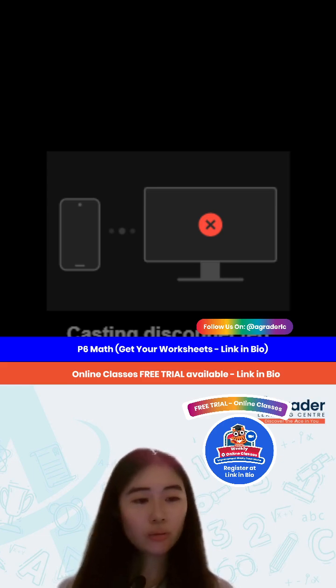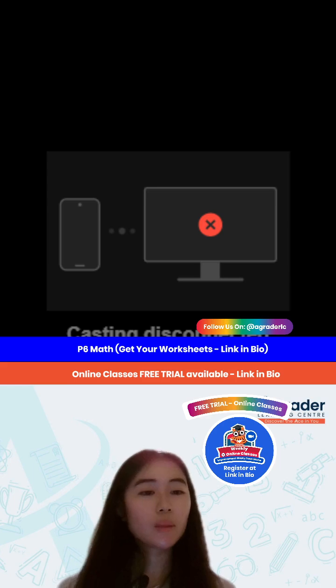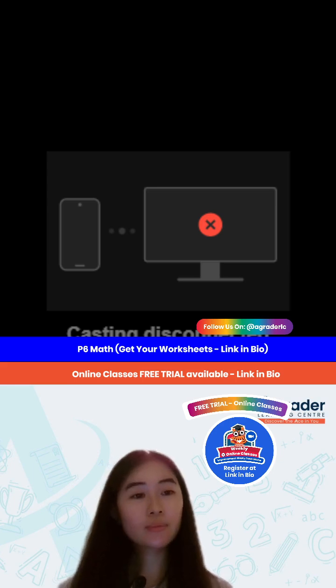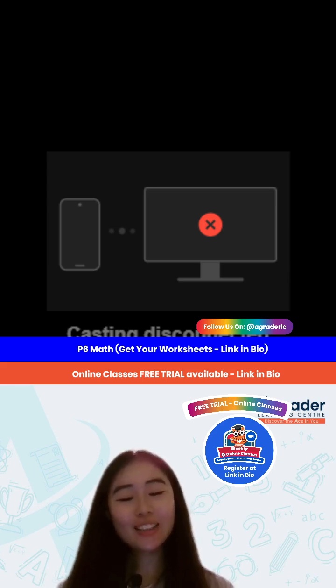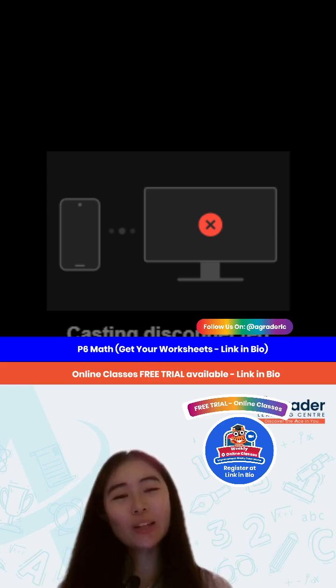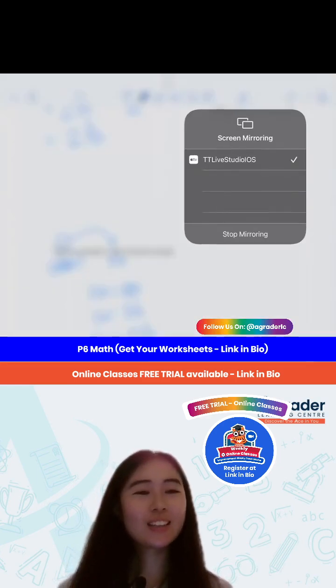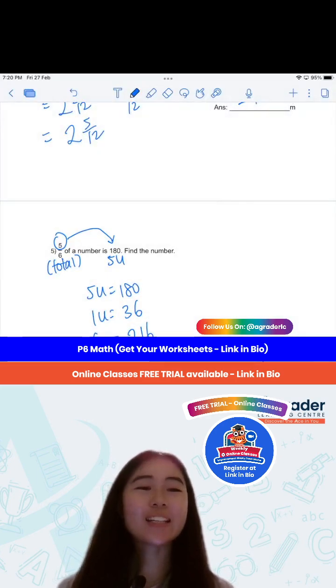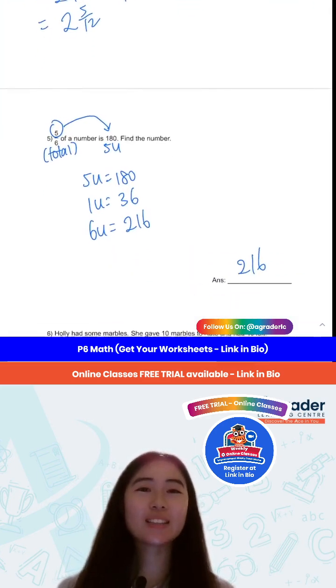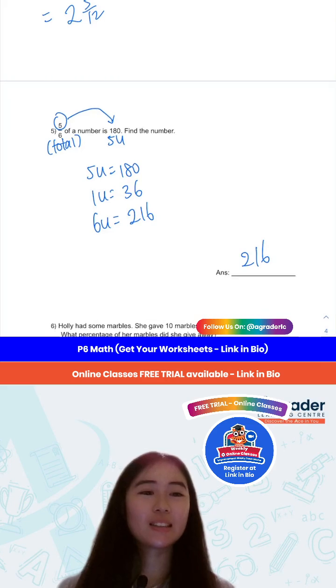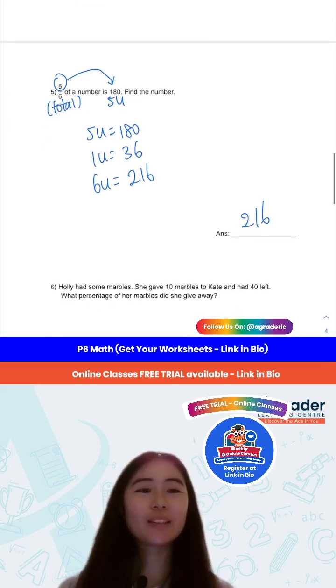What is going on? Maybe it's an internet connection thingy. Deceit, you hack my life, then now my screen cannot load, then how? Okay lah, no lah, he never hack lah. It's back. Okay, it's back.